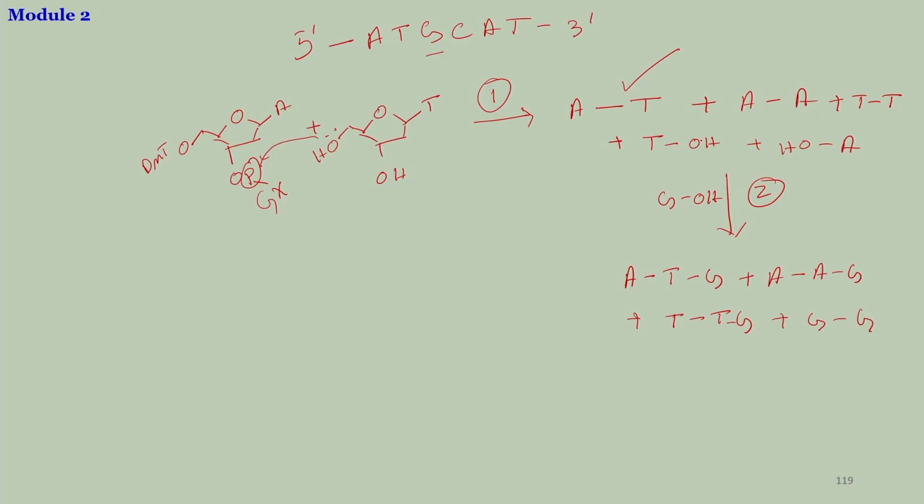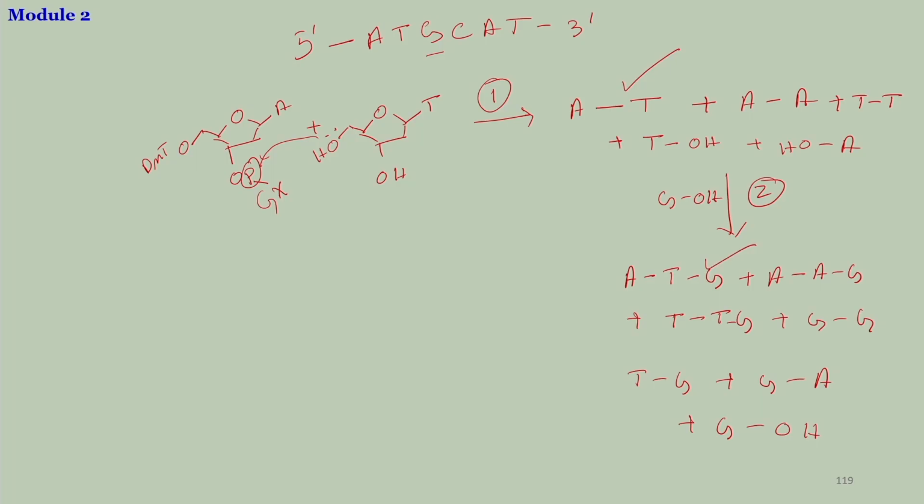You had some unreacted T left over here, that can react now with this G in the second step. So, you will have TG. You had unreacted A, which may again react with G. So, you will have GA, and then again unreacted G will be there. So, after the second step, so many products are formed. Out of them, only this is your desired compound.